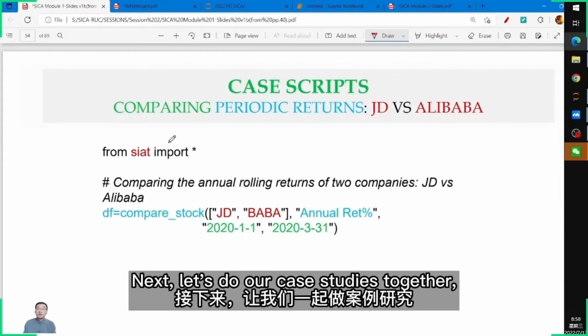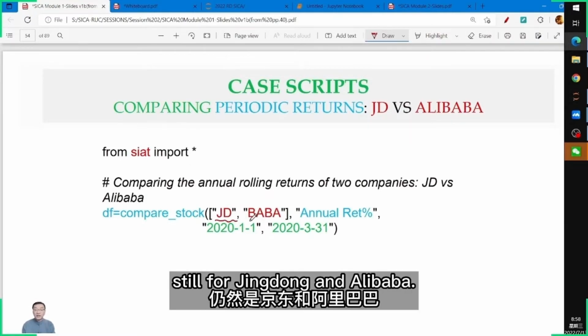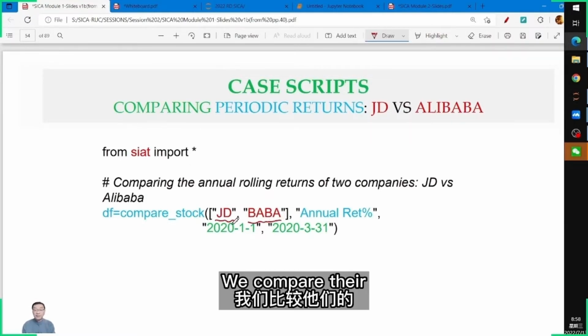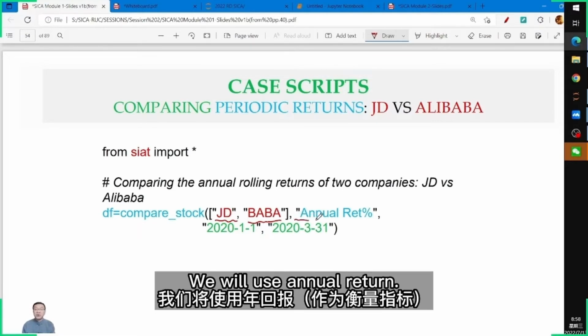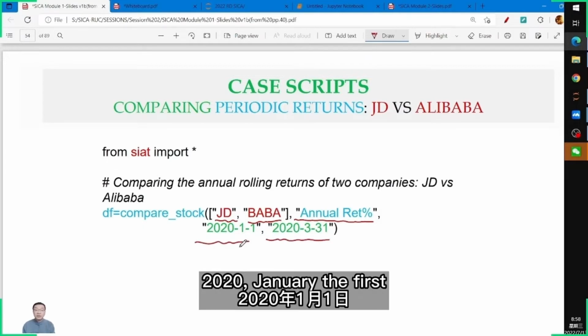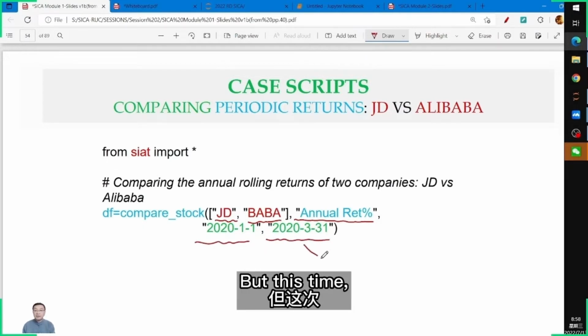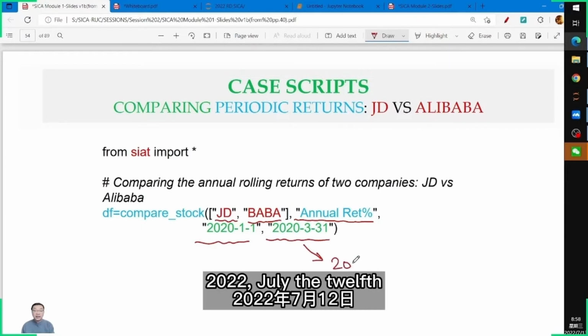Next, let's do a case study together, still for Jingdong and Alibaba. We compare their trend of performance, the different features of their return trends. We will use annual return, and we still use the starting point 2020 January the 1st, but this time we expect to extend the date to 2022 July the 12th.